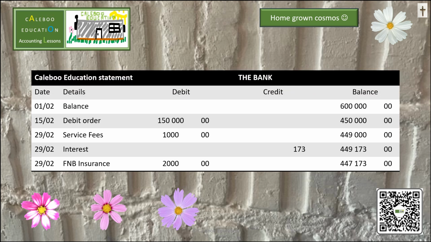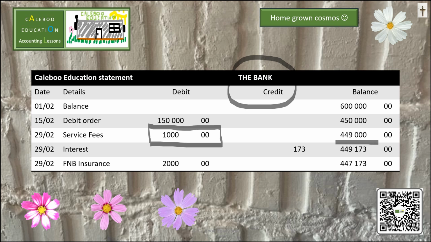I forgot to mention that transactions can be written up from the statement we receive from our bank. For example, here's service fees, which are bank charges, and that will make our bank balance smaller. Anything that makes our bank balance smaller in our books needs to be recorded in the Cashbook payments.